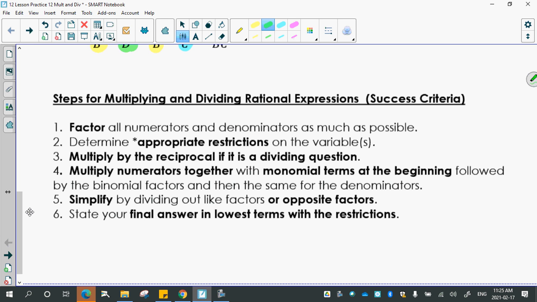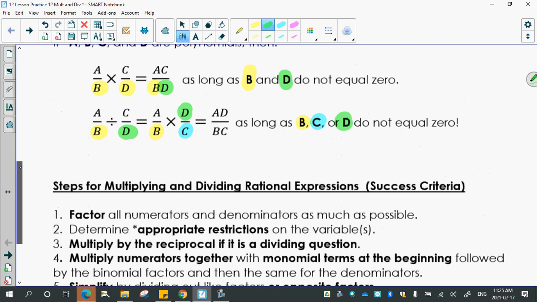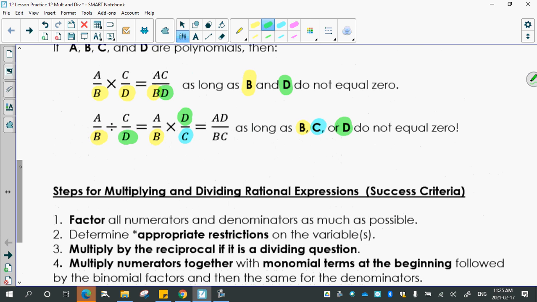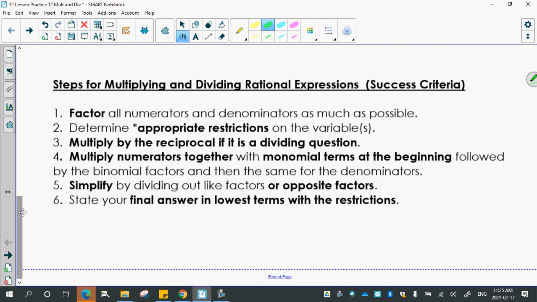Remember, if it's a divide question, you have to look in these 3 spots for your restrictions. 3, multiply by the reciprocal if it's a dividing question. If it's not, you can ignore number 3.